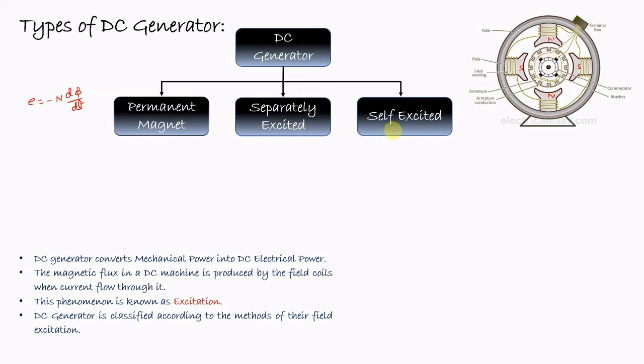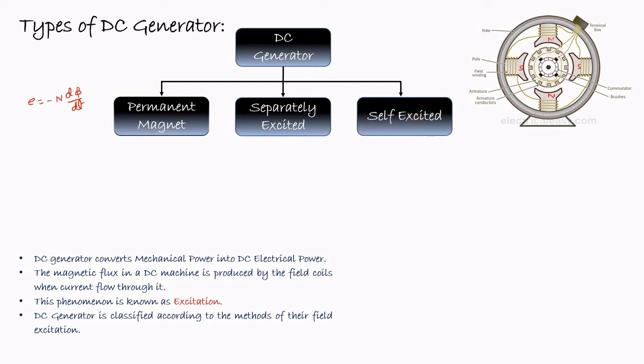And in the case of a self-excited DC generator, the current flowing through the field winding is supplied by the generator itself. That means the EMF generated in the armature winding is used to supply power to the field winding. That is why it is called a self-excited DC generator.